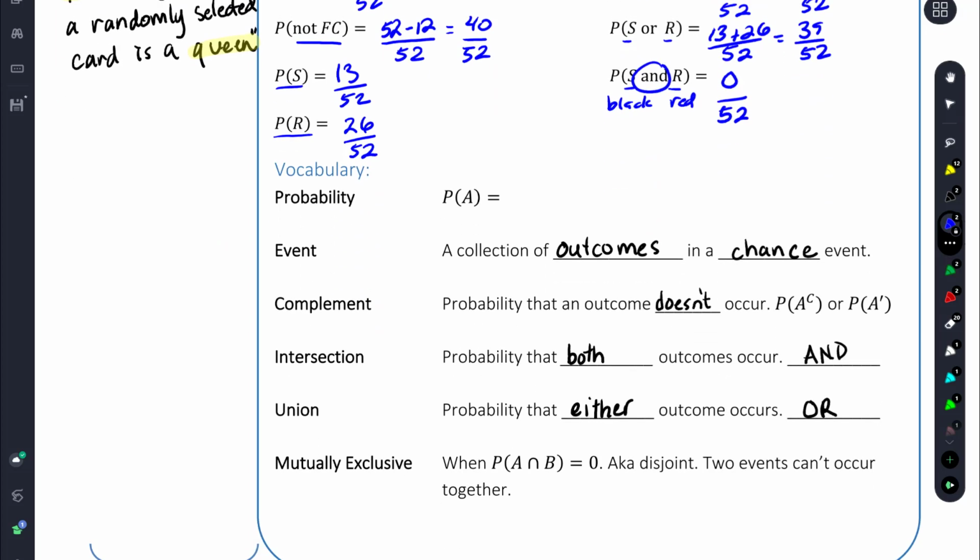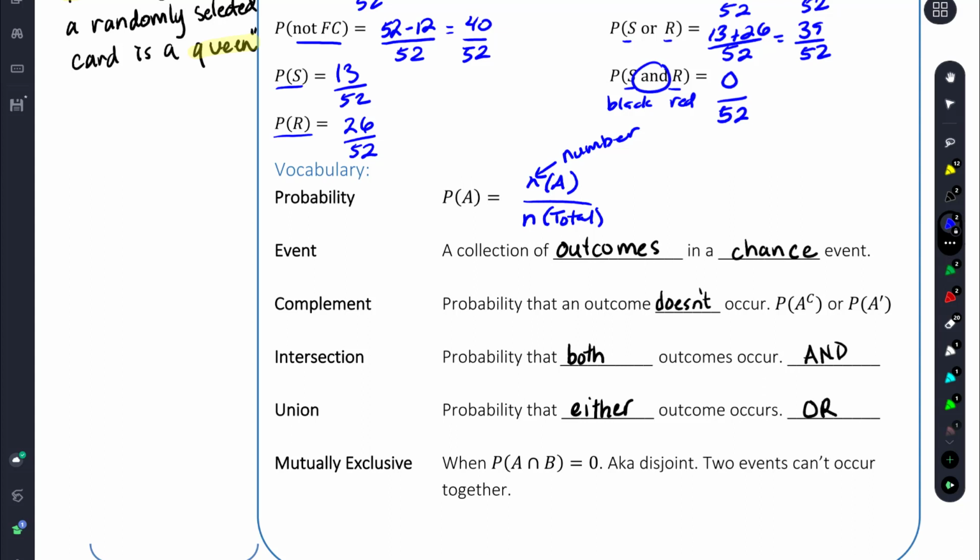First, probability of any event. Probability of A. A is just some event such as getting a queen or getting a heart or something like that. And it's the number of outcomes that fit that condition. So we use lowercase n to represent number in this case, divided by the number in your total, however many you are pulling from to begin with.